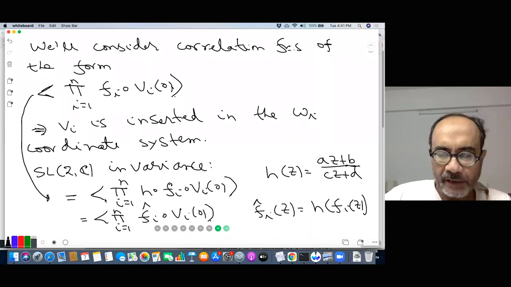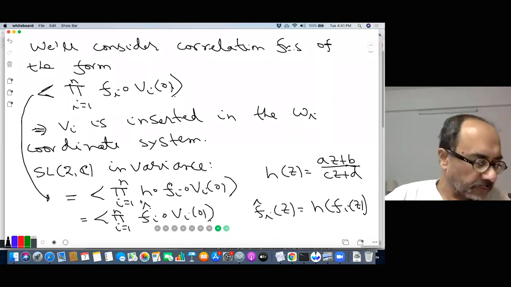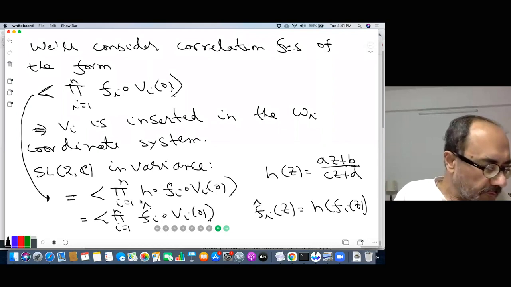And that's an invariance of this correlation function. So whether you use the Fis or Fi hats, you should get the same answer. These are just some definitions that will be useful in what we are going to do next. Are there questions?